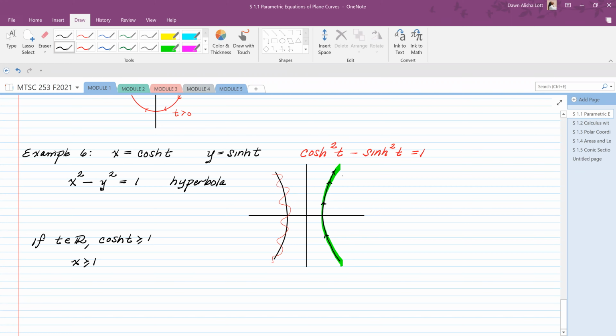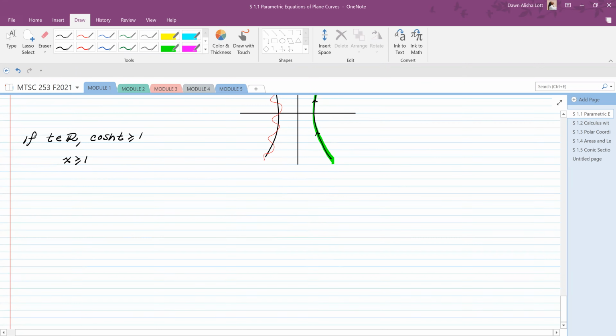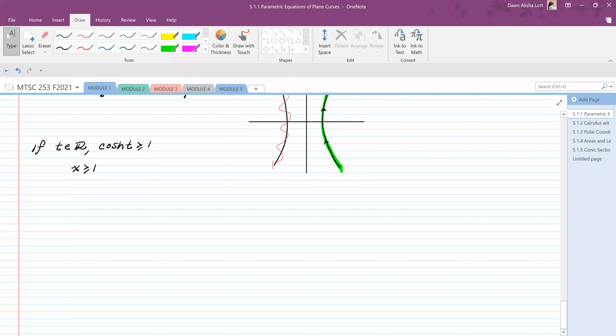How can we actually create parameterizations? All right, so let's find a parameterization for a Cartesian curve. Now, some of these are easy.